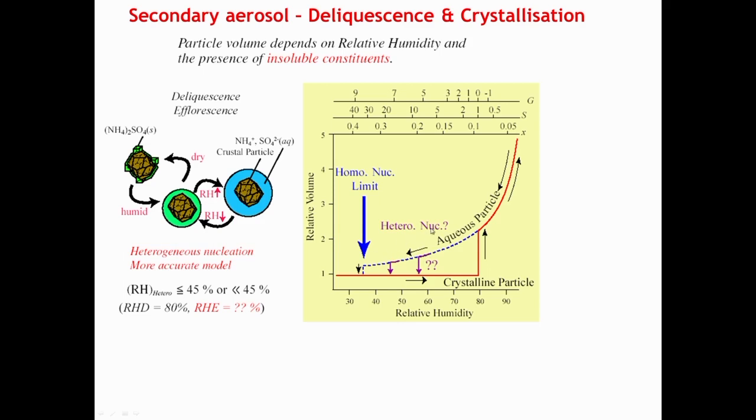And this heterogeneous nucleation, why is it called heterogeneous? Do you know? It's because of the nucleation on any impurities in the droplets. That will happen at humidities depending upon how many impurities there are in the sample. The fewer impurities there are, the lower the relative humidity until you crystallise.